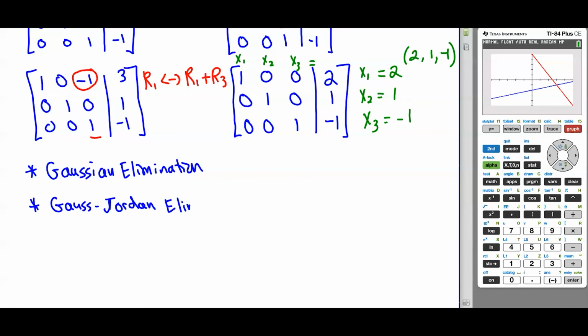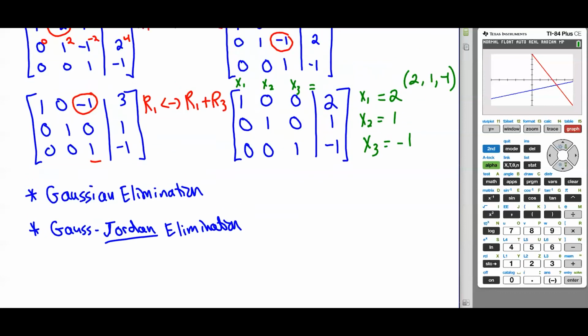Sometimes it's called reduction. So Carl Friedrich Gauss started doing this, figured it out. I think Jordan used it a lot and made it popular. Okay, so he used Gauss's work and made this kind of a standard method.